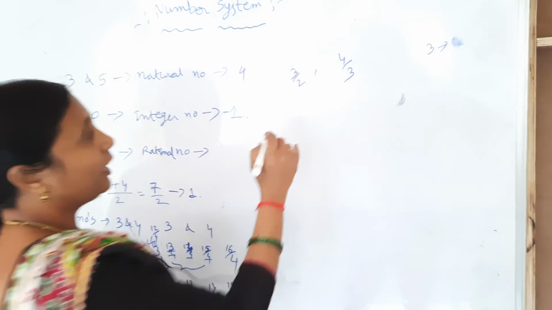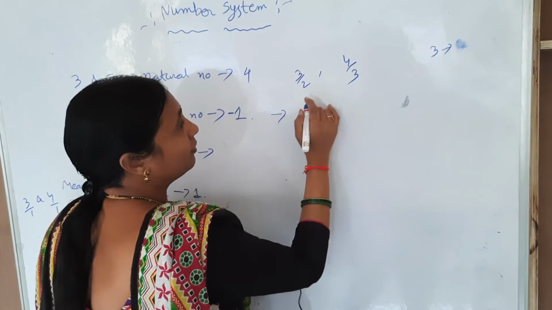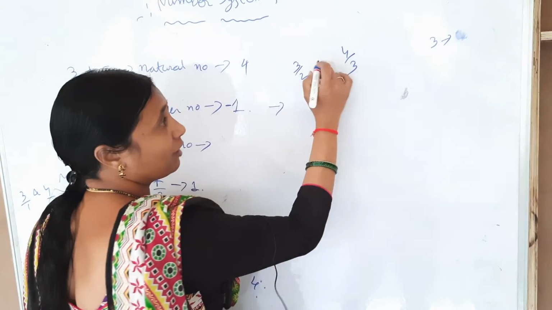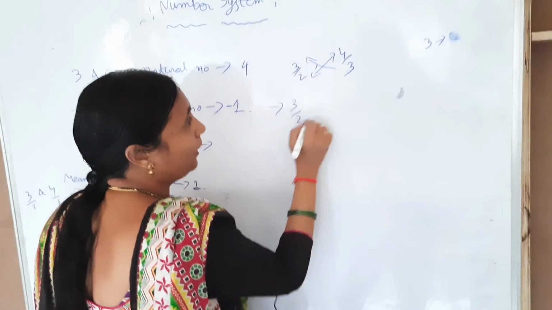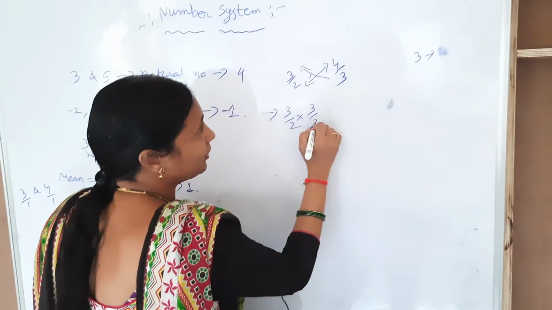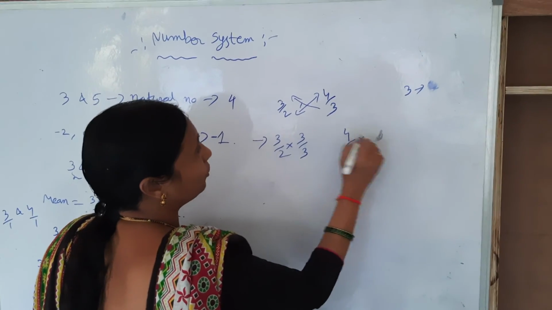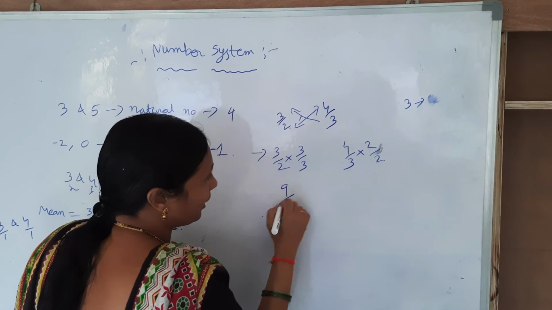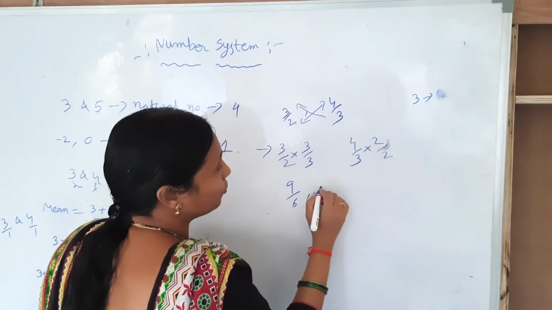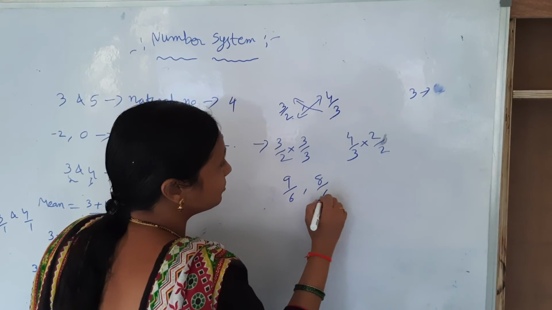For this, we must equalize the denominators. We multiply 3 by 2 with 3 by 3, and 4 by 3 with 2 by 2. 3 threes are 9 by 6, 4 twos are 8 by 6.